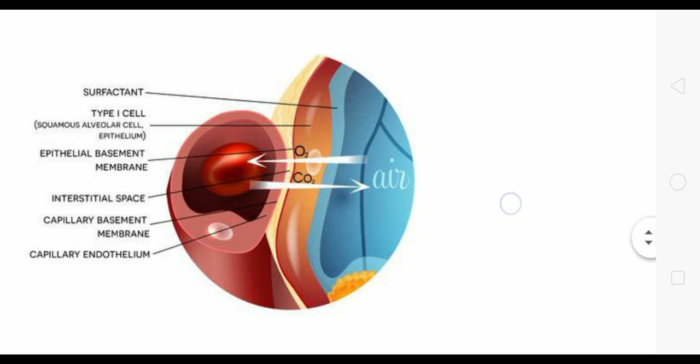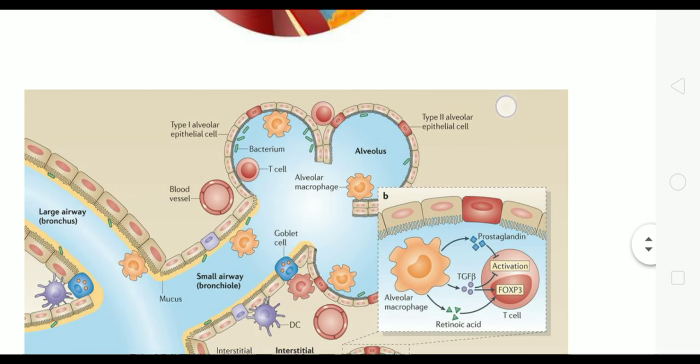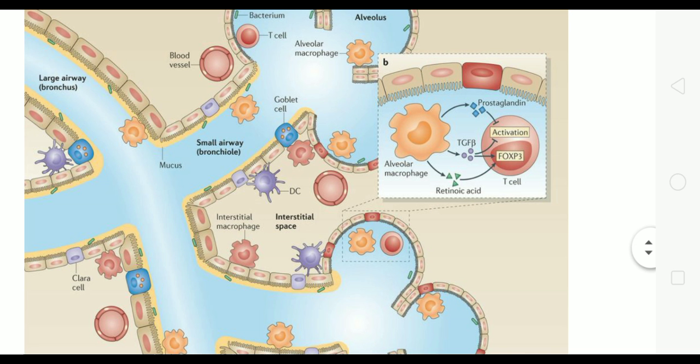The final line of defense of the respiratory system is in the alveoli: remarkably efficient alveolar macrophages, sometimes called dust cells, wander in and out of the alveoli picking up bacteria, carbon particles, and other debris.